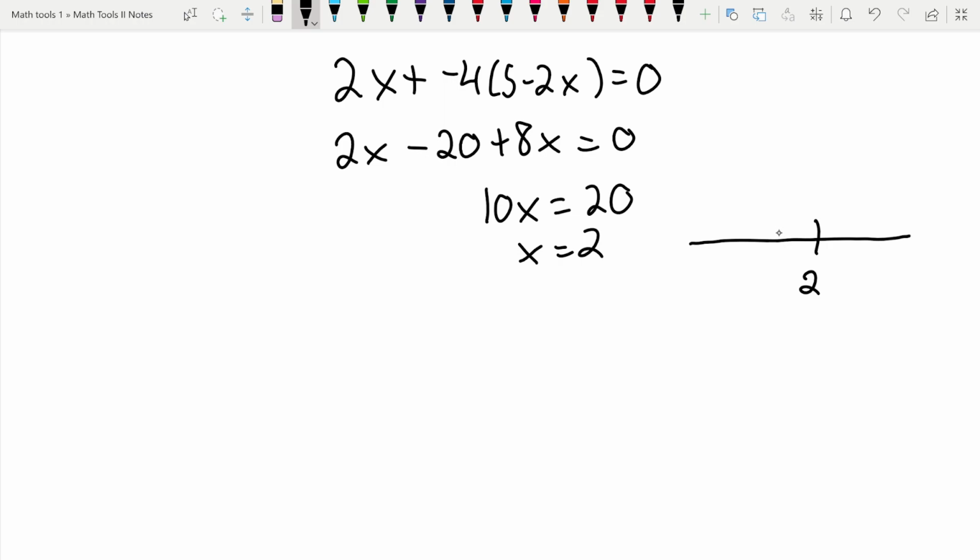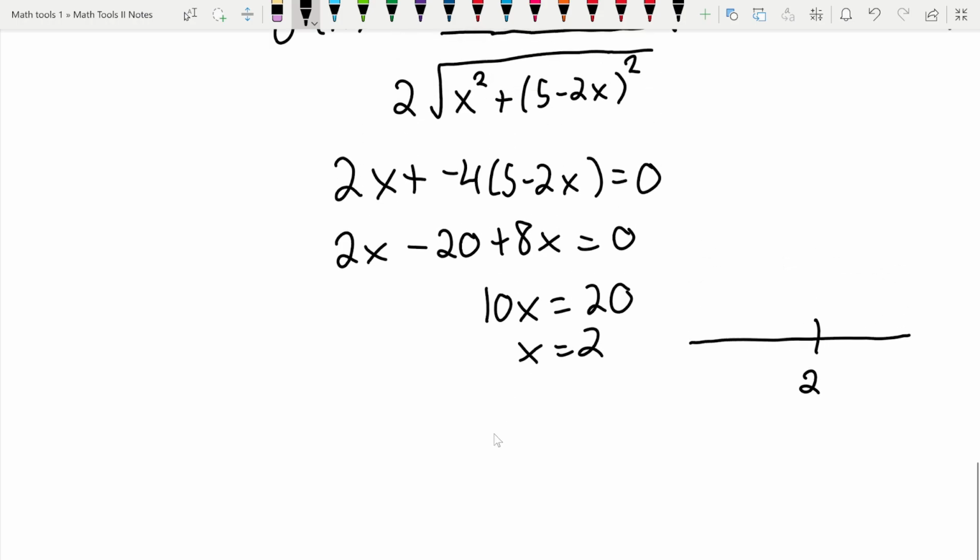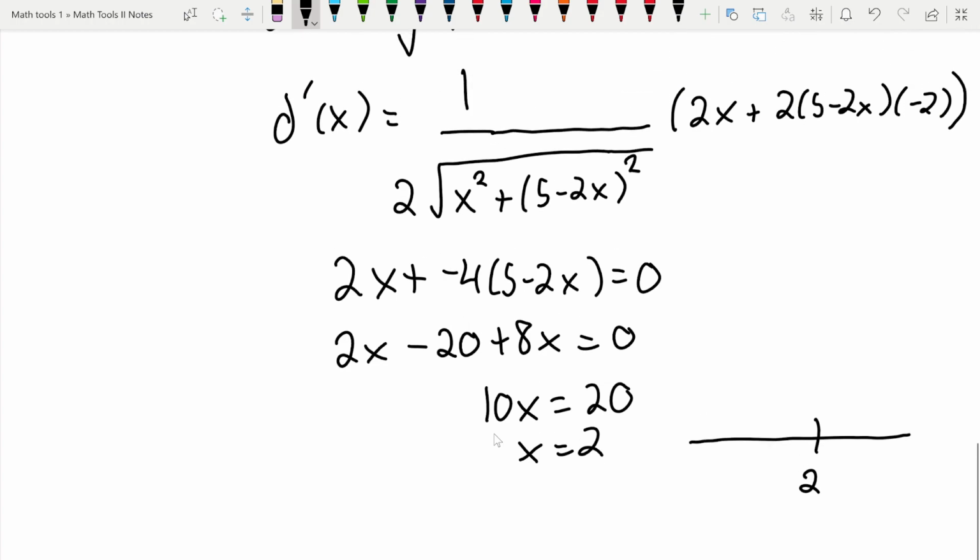So if we plug in, say, 1, again, the bottom's always going to be positive, so we don't need to worry about that. So we can look at the most simplified part right here. Or really, we can just look at 10x minus 20. Okay. So if we put in 1 here, that's going to be negative. If we put in 3 here, that's going to be positive. So this is indeed a minimum.